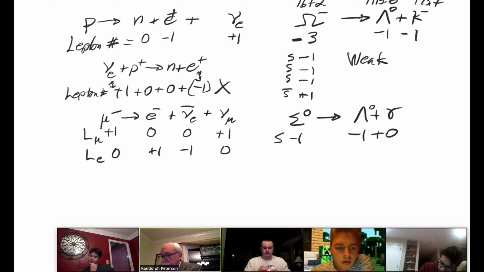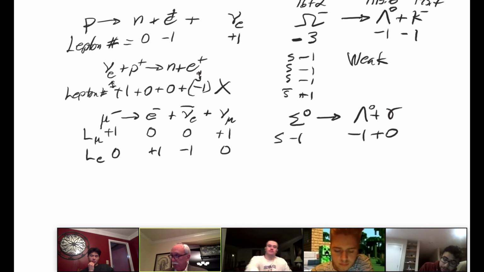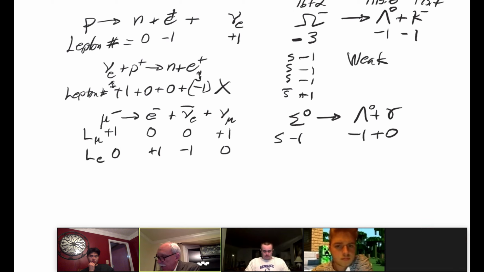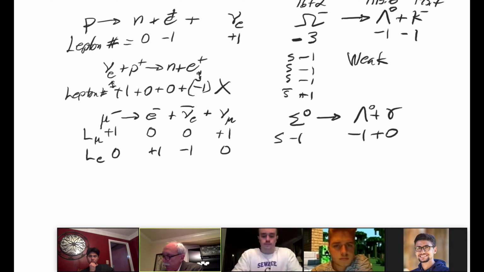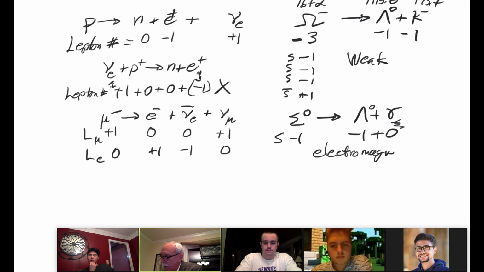Now, for that reason, a gamma is one of the force particles, but it doesn't change strangeness or any of these other quantum numbers. But the fact that this can happen and you've got a gamma there means it's an electromagnetic interaction.